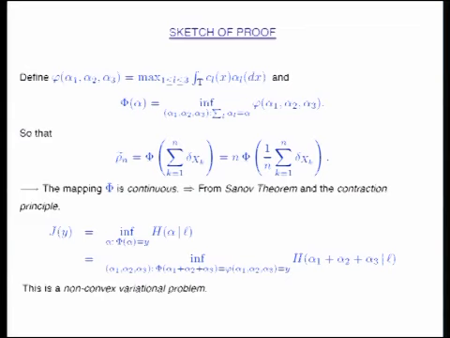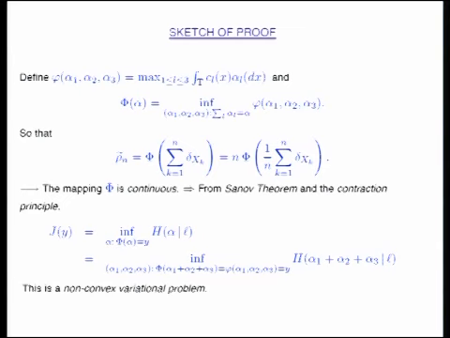If you write it in terms of the split three measures, you can write it as the entropy of the sum of the three measures with respect to Lebesgue measure, such that the sum of the three measures is a probability measure, it is the optimal splitting of their sum, and their load is equal to y. So the problem is that this is a non-convex variational problem.